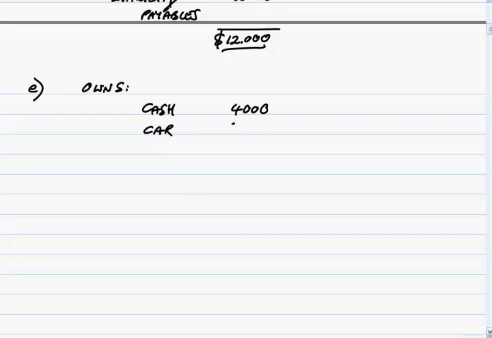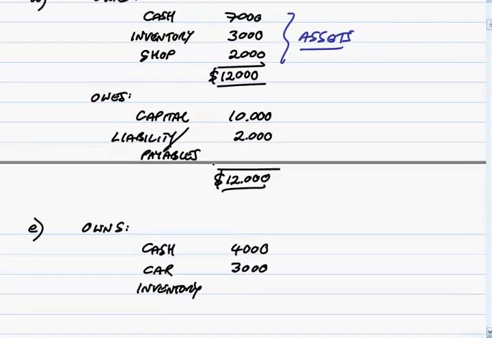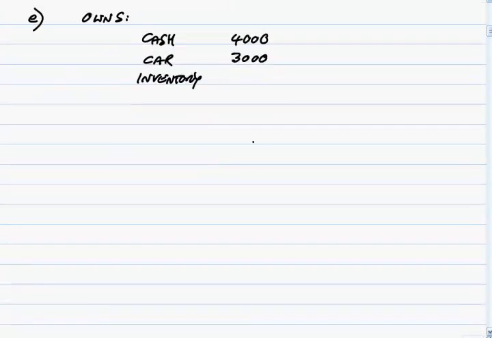We own the car. The car is 3,000. We've still got inventory. How much was the inventory? 3,000. And we've still got the shop. And so our assets, 7, 10, 12,000.